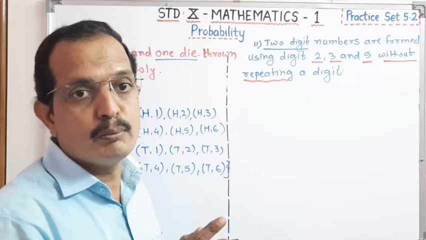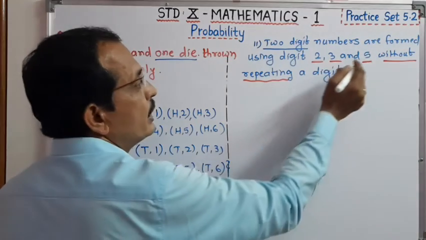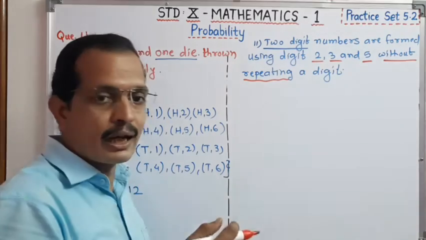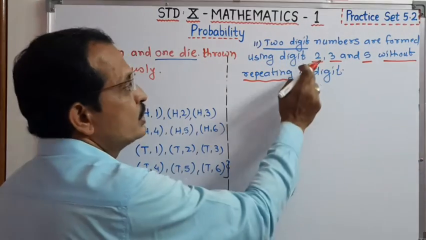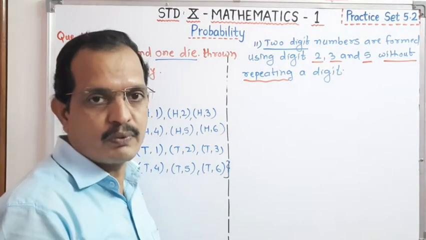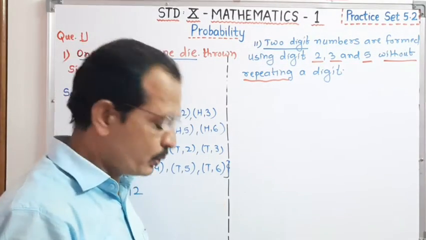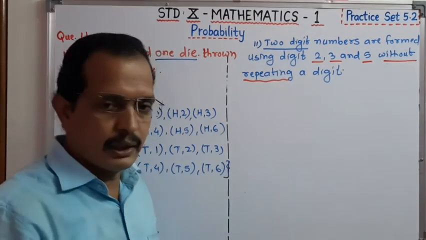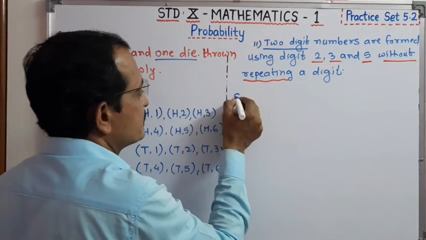Try to understand the meaning of this sentence. We do not have to repeat a digit. That means we can't write one digit 2 times, that is 22, 33, 55. This 2-digit number we do not have to write. Sample space.